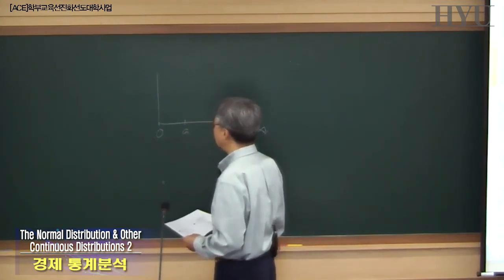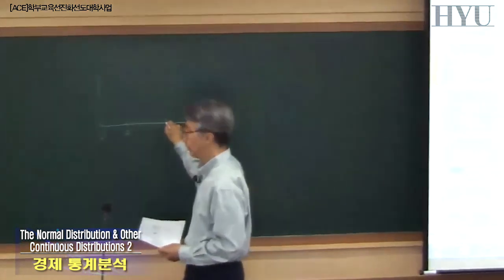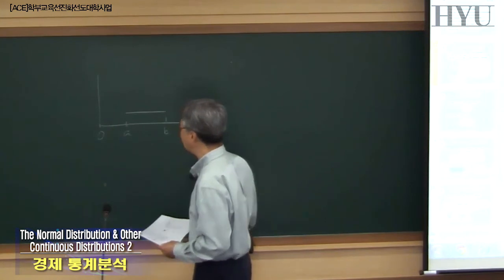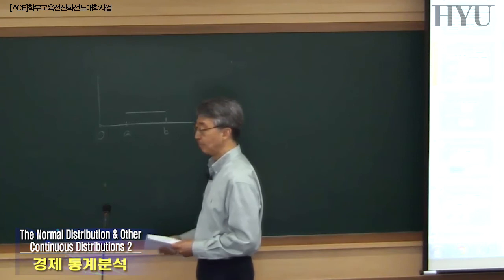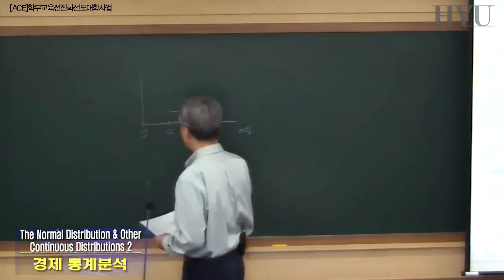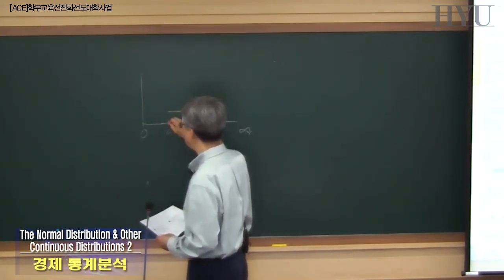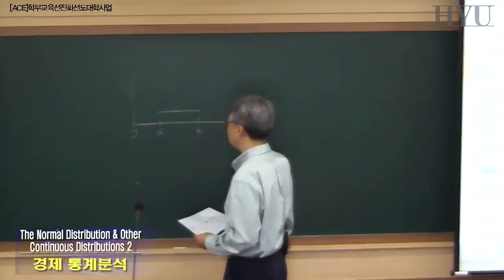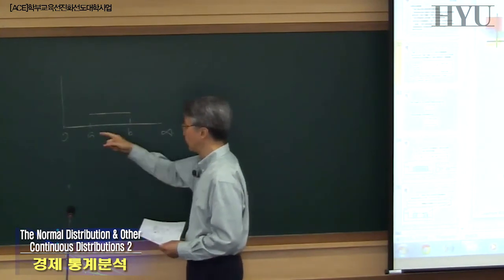Inside A and B, the range from A to B, the probability is the same. All the values between A and B are equally likely. But outside this range, the probability is 0. There is no chance that the random variable will take any value outside A and B.